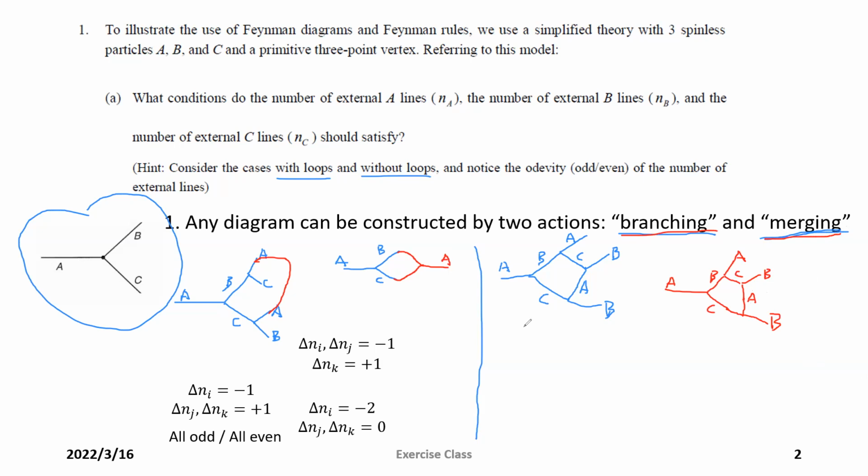So you can see any diagram can be constructed from the primitive vertex based on these 2 actions. And all these actions will preserve the odd or even condition. So the conclusion is that for all diagrams, the number of external lines will be all odd or all even, depending on the number of vertices.